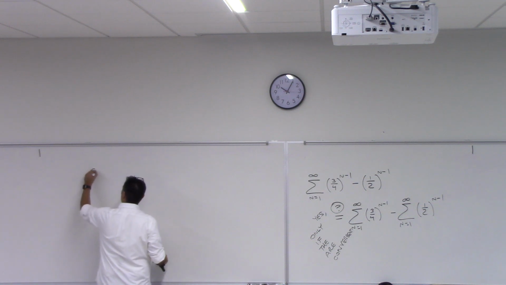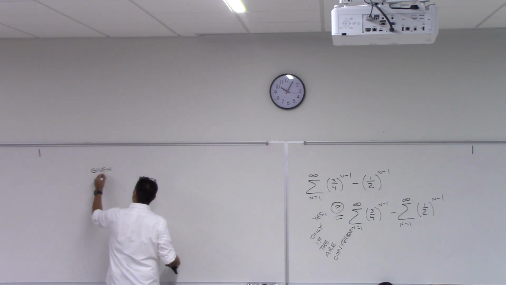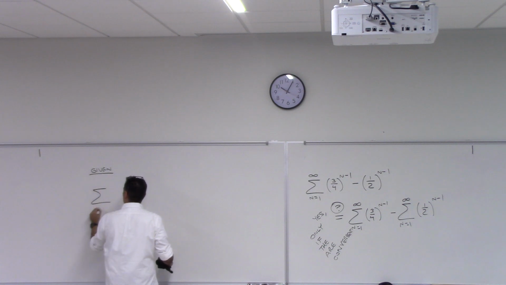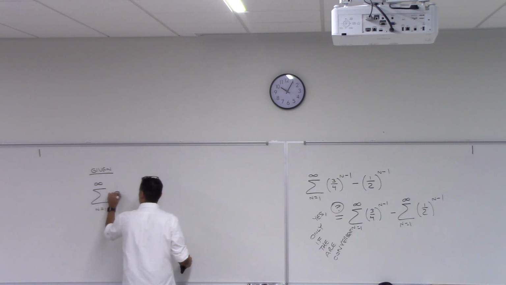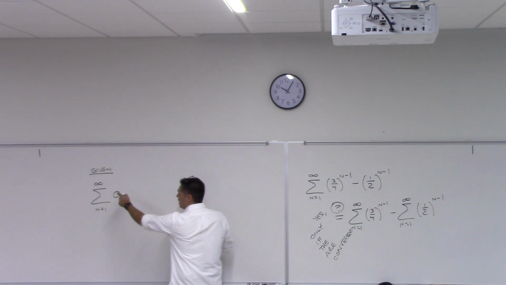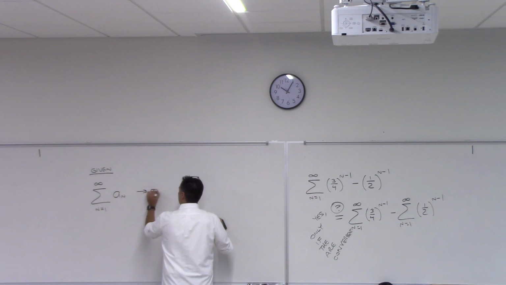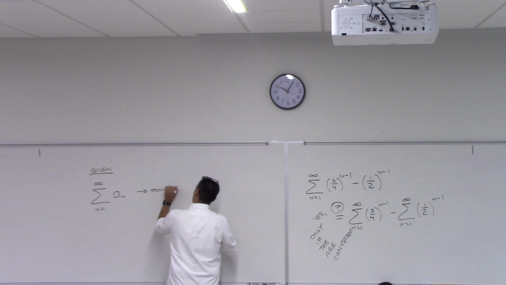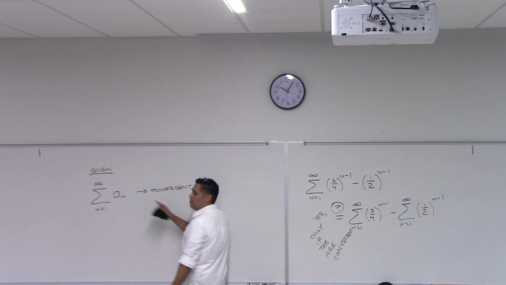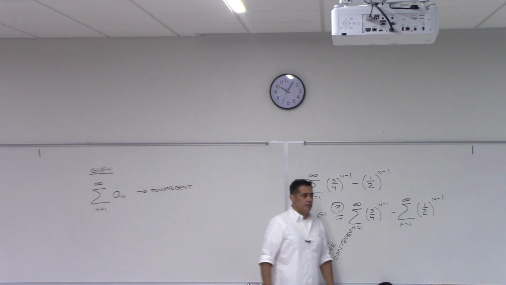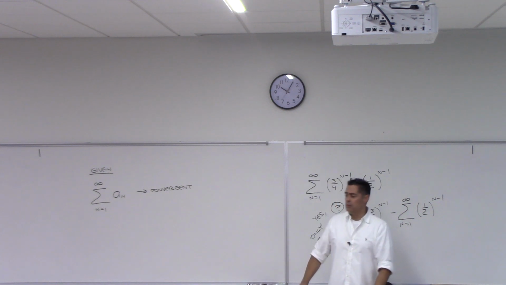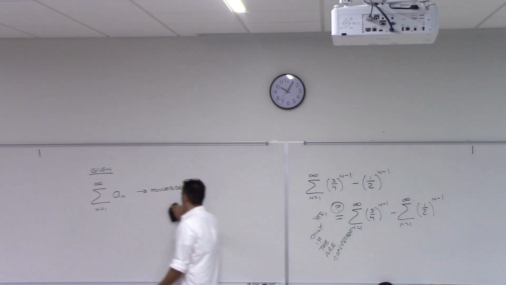What if I give you, this is given to you, that you have some series, it starts at n equals 1, goes to infinity, and it's some sequence here, I don't know. What if I give you that and I tell you it's convergent? That means that when you add things up, you get a number, right? That's what you know.